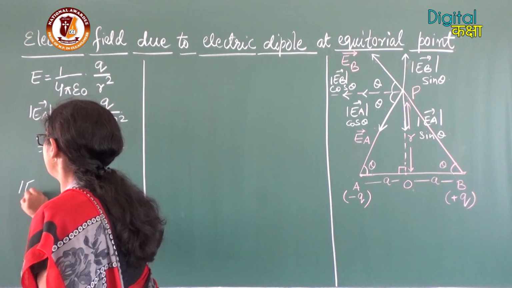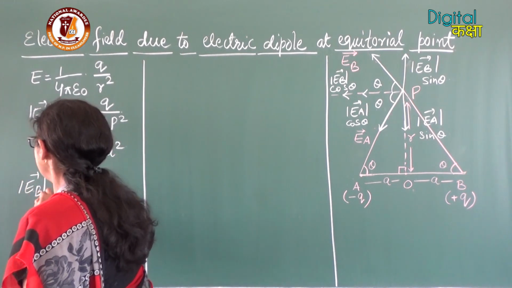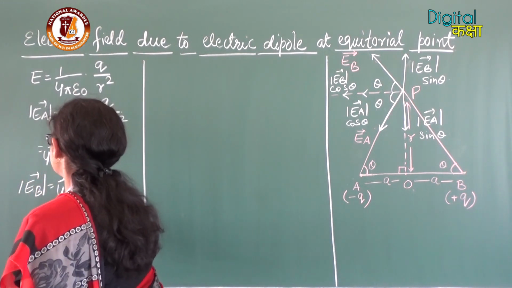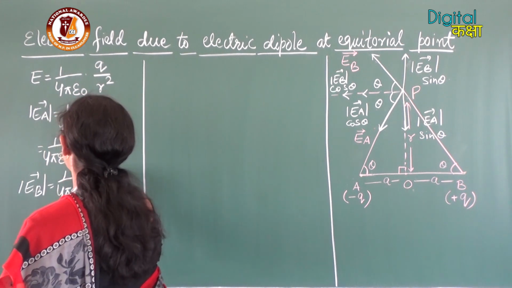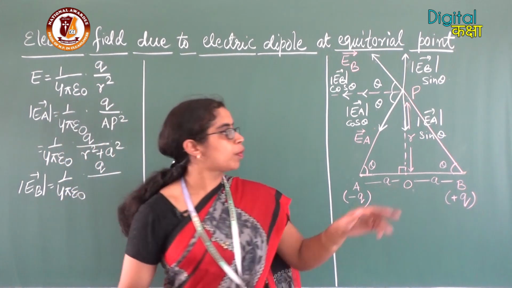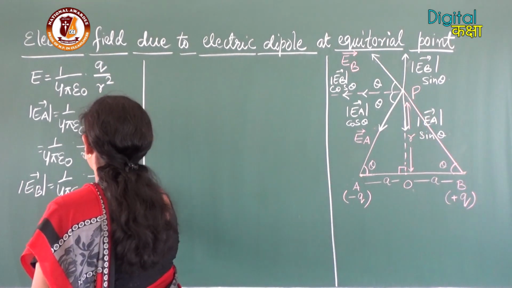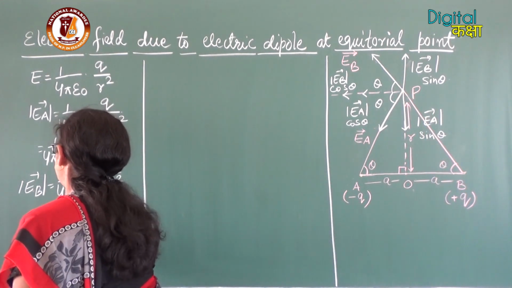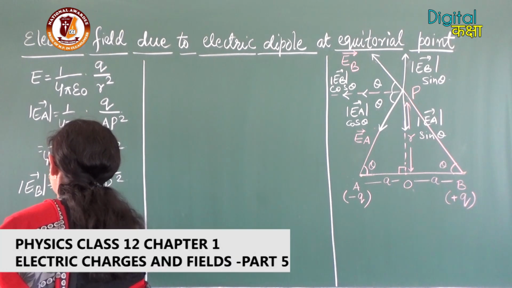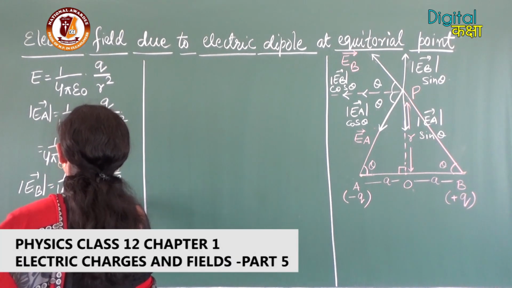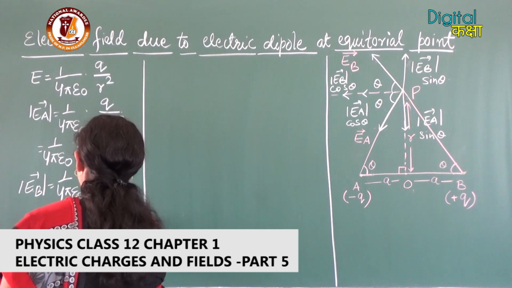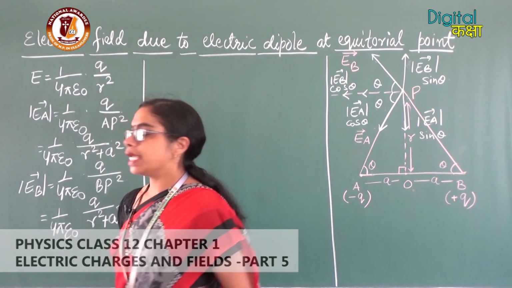Similarly, the magnitude of EB is given as 1 upon 4 pi epsilon naught Q upon BP square. Using the same concept of the Pythagoras theorem, the value of BP square will also come out to be R square plus A square.